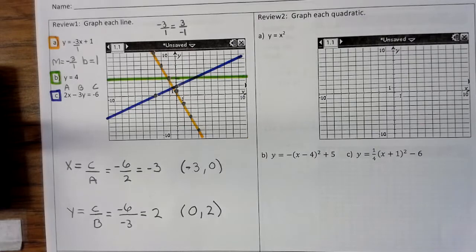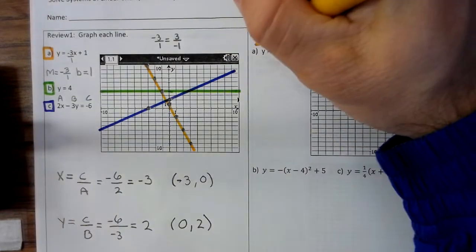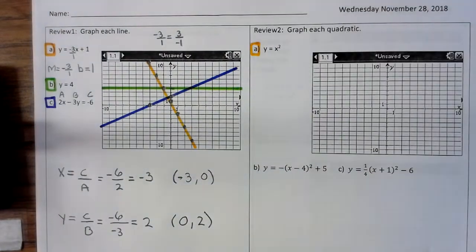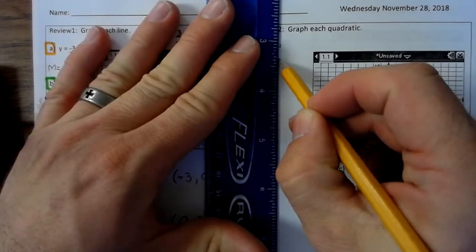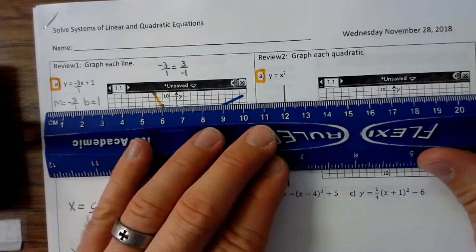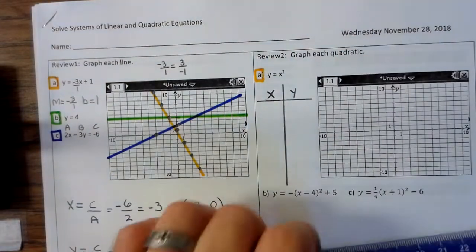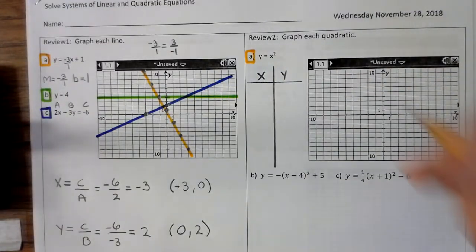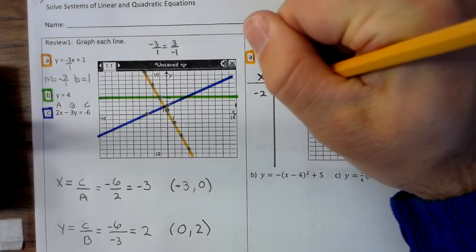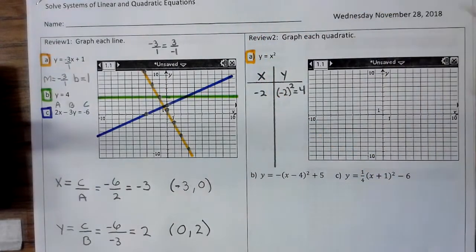Okay, now let's review how to graph quadratic functions. Again, I'm going to graph A in yellow. A is a quadratic parent function, so we can graph just using points. X, Y. When x is -2, -2 squared is 4.